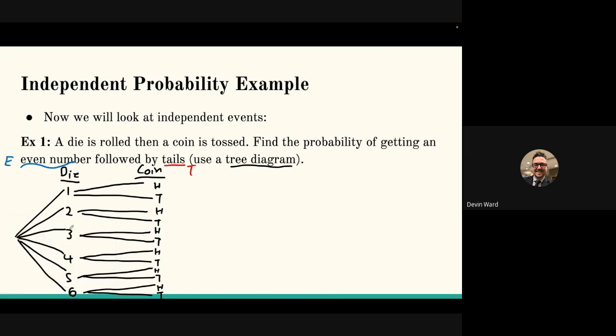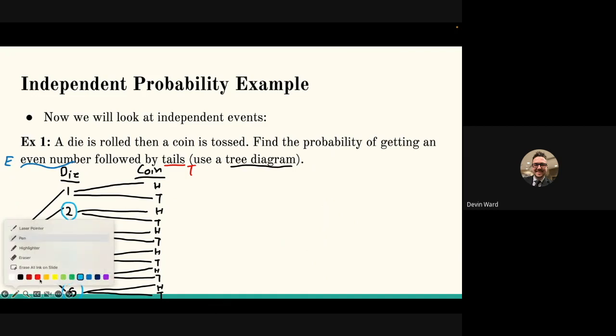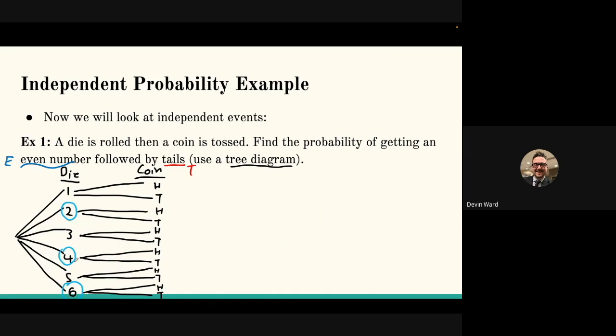Let's circle, when we roll a die, even numbers. We have 2, 4, or 6. They're all even. And then we have to roll a tails after that.